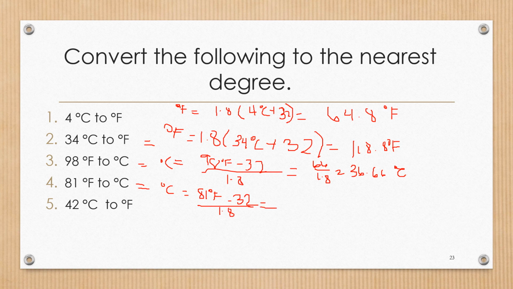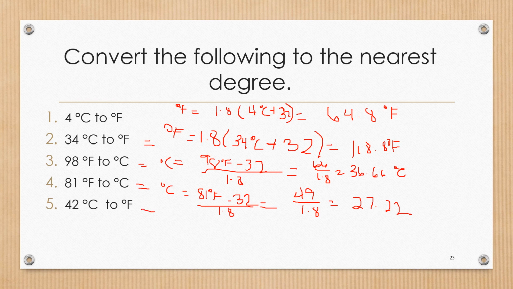So 81 minus 32 equals 49 over 1.8. The answer is 27.22.